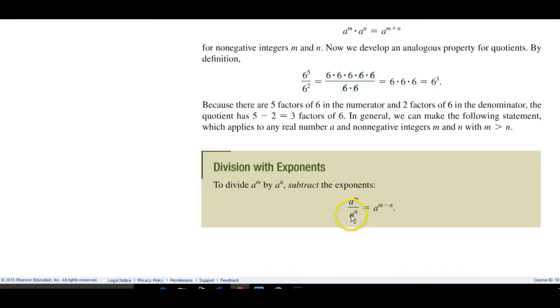So the rule, once again, is the exponent comes up, crosses the division bar, and we just subtract it. And as long as we want to make positive numbers for exponents, we would always subtract the smaller from the larger.